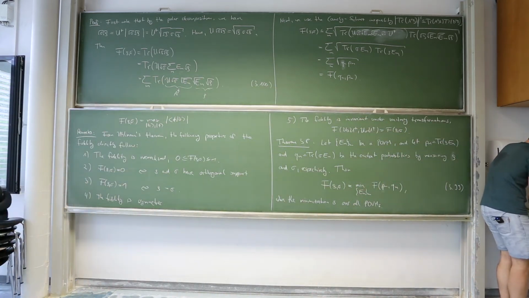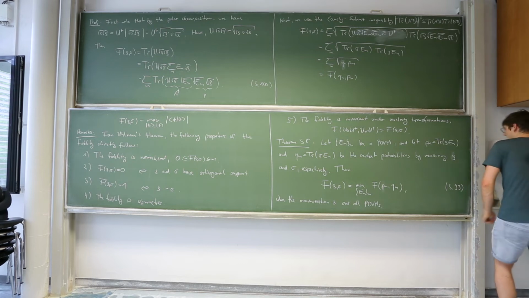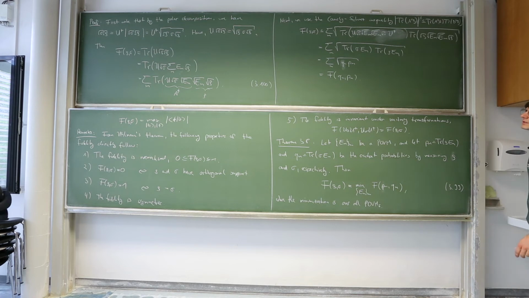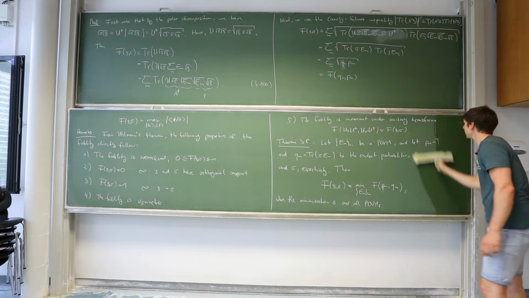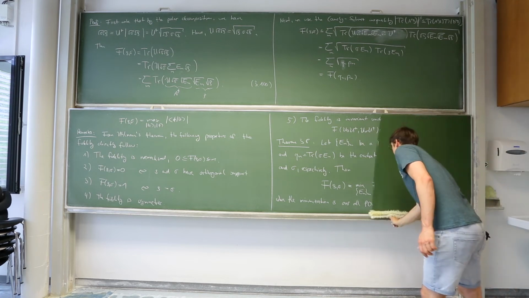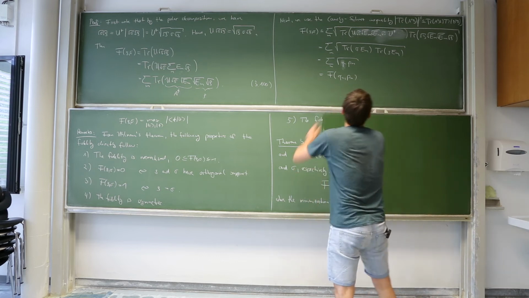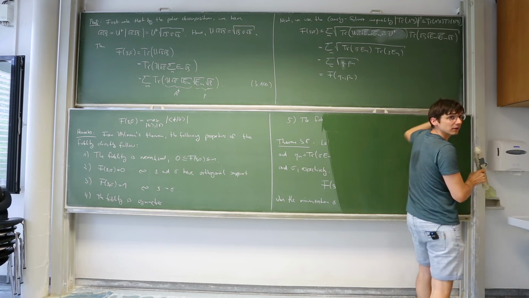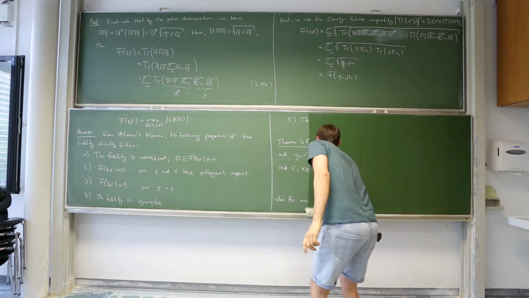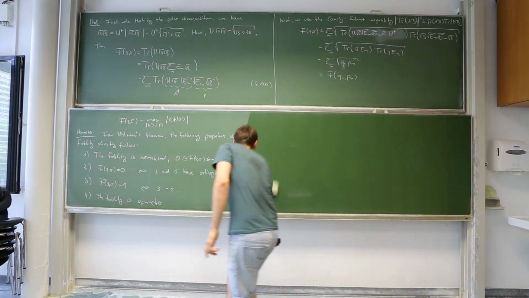For this, use the time when I erase the blackboard to think about under which conditions this inequality can saturate. We use the Cauchy-Schwarz inequality, so think about when it saturates. It's up here in the upper right corner. So ask yourself, under which condition does this inequality saturate?